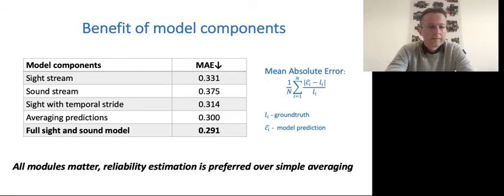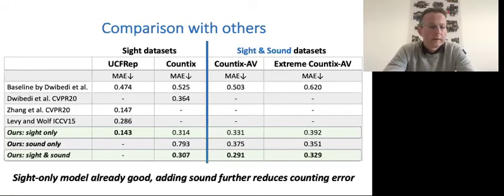Now, then we have a big comparison table where we compared our model with the ones that have been published in the literature. And what we can see here from this table is that on the sight-only datasets, our sight-only model already outperforms all the state-of-the-art models for both UCF, REP, and Countix.